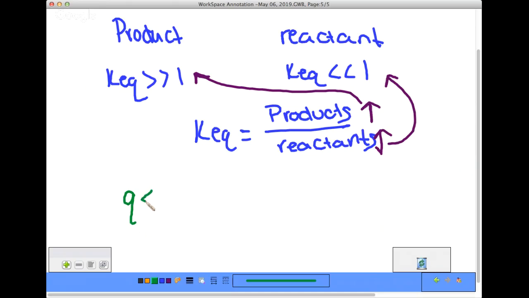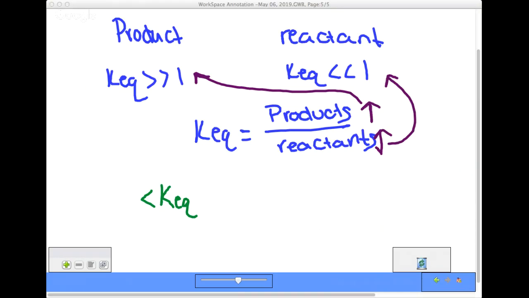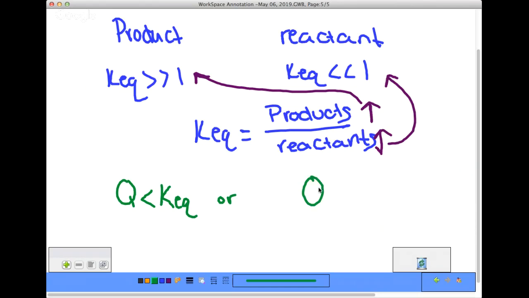Let me make this a capital Q, so we can either have Q less than KEQ, or we can have Q greater than KEQ. If KEQ is equal to 1, that means that it's neither product nor reactant favored. It doesn't really favor either side. It's right down the middle.